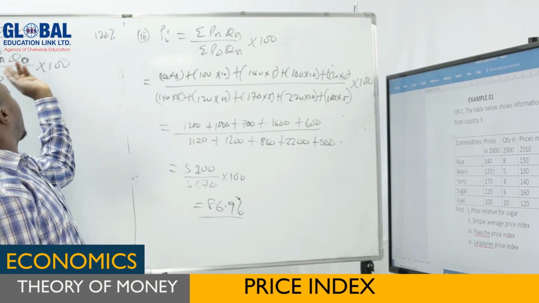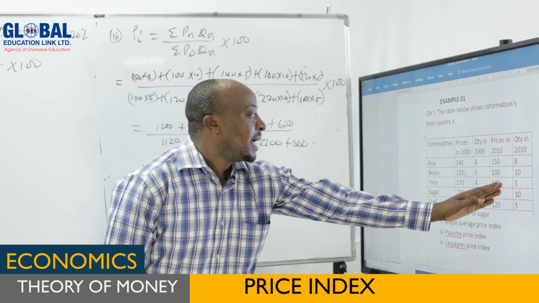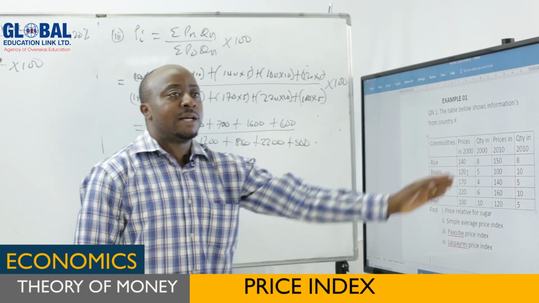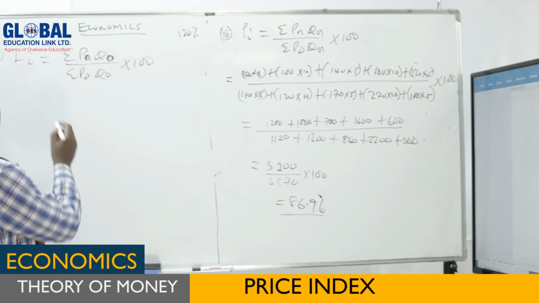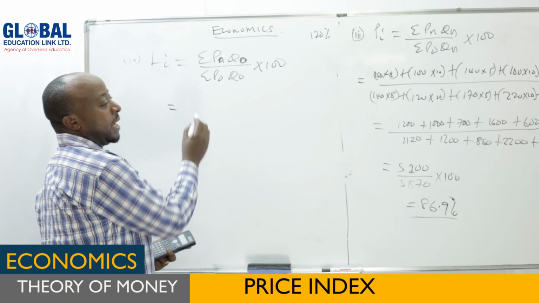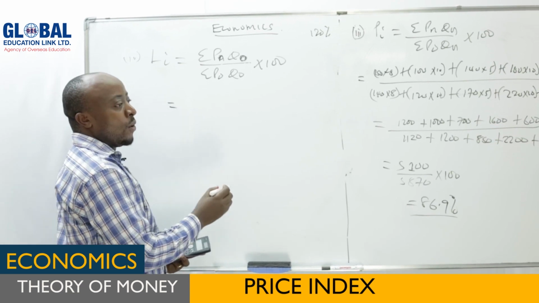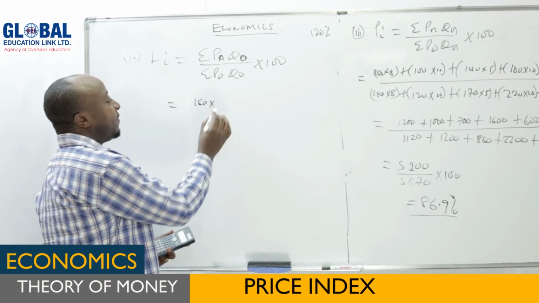While PnQ0 means you take prices, these ones, times Q0, which is this one. So that is the difference. So here, we'll get it this way. We'll find it will be equal to the summation of PnQ0. It means we start with PnQ0. The new prices: it is 150 times 80.